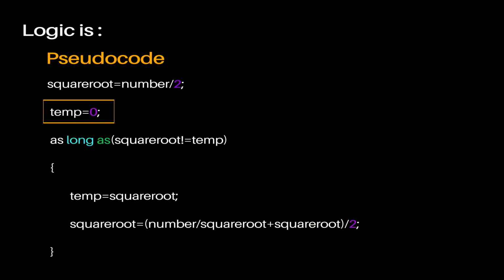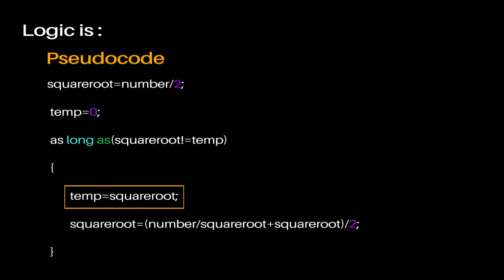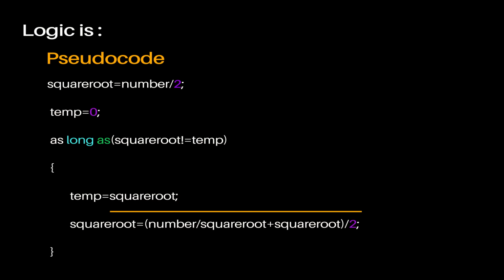And the third statement is as long as square root not equal to temp, we should execute two statements. The first statement is temp equals to square root. And the next statement is square root is equal to (number divided by square root plus square root), entire thing should be within simple braces, divided by 2.